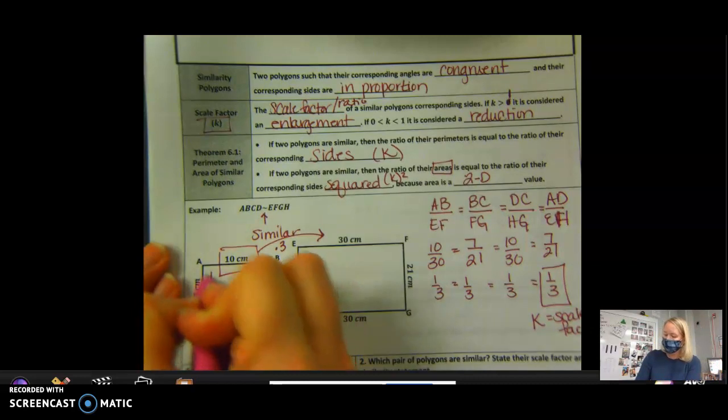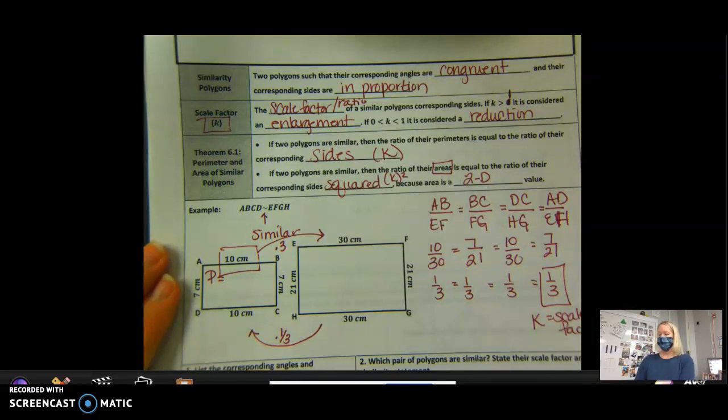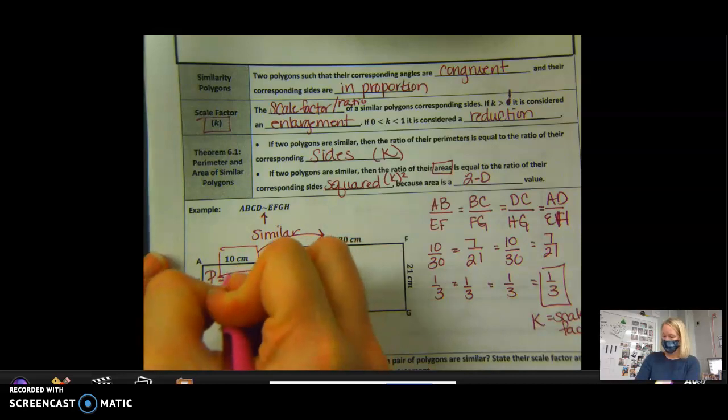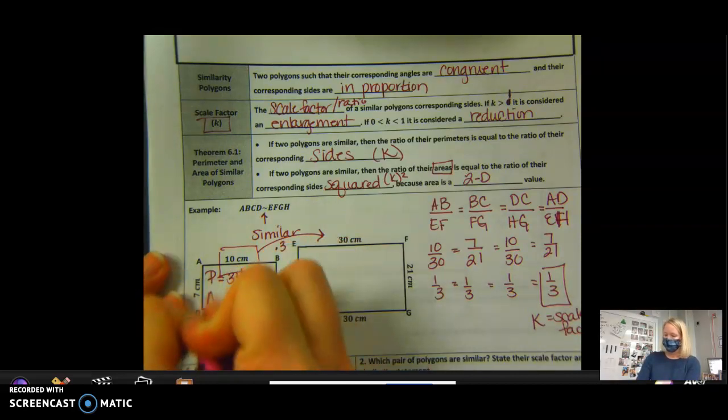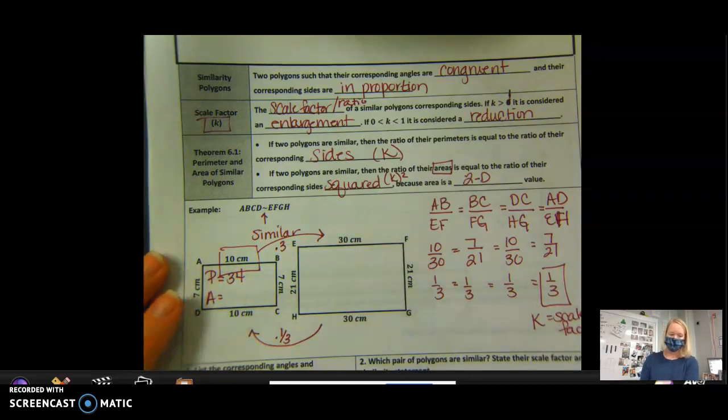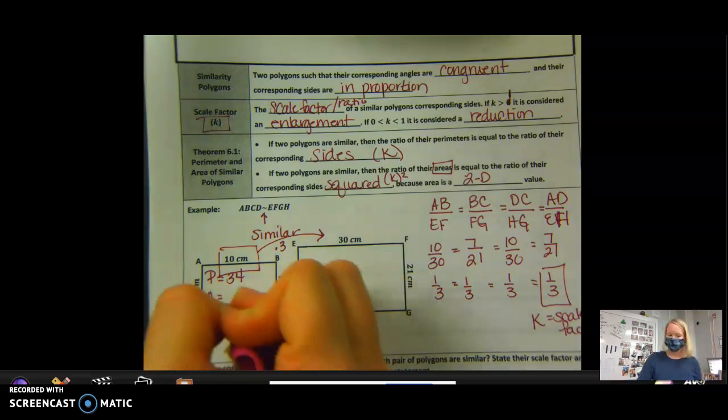What is the perimeter of this guy? And the perimeter of that guy? 34 is correct. What's the area of this guy? 70.